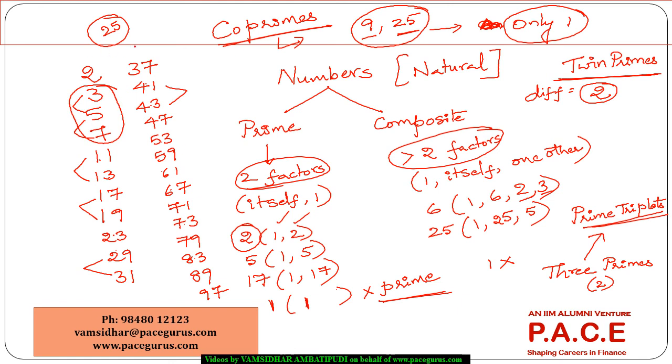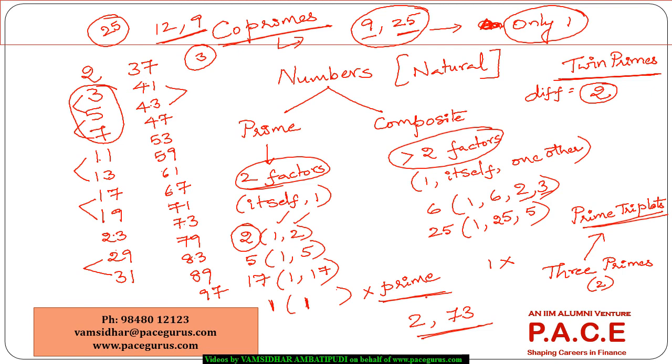For example, 12 and 9 are not co-primes because they have 3 as a common factor between them. But 2 and 73 are co-primes because they don't have any common factor except 1.